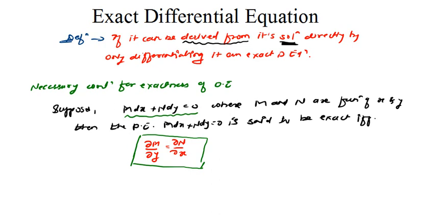Okay, now once the differential equation M dx plus N dy equal to 0 is exact, it is exact if it satisfies the condition. If it is an exact differential equation, then we can directly find its solution.